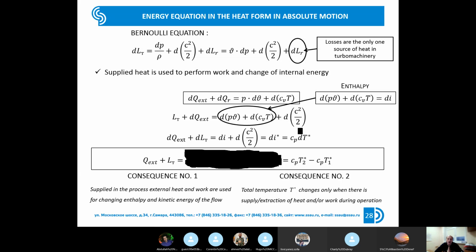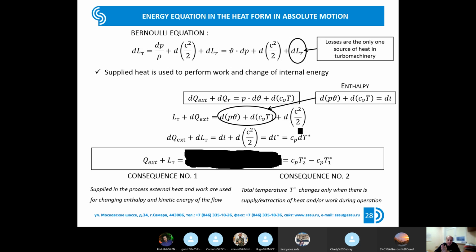It shows us in which case we will change the total temperature. Total temperature will be changed only when you are supplying or extracting heat, meaning external heat, and mechanical energy.